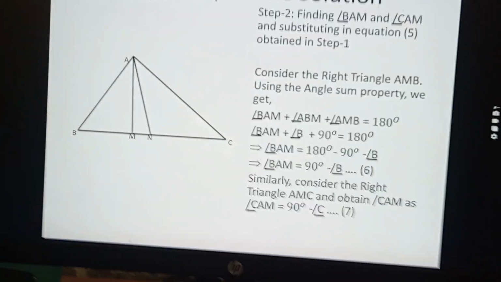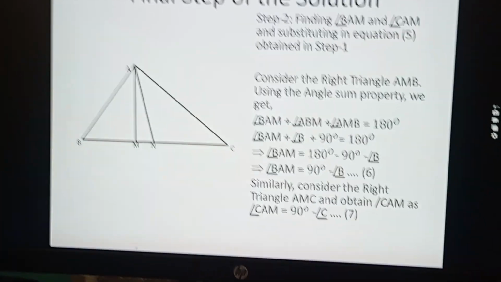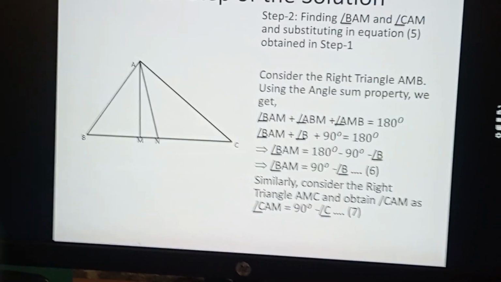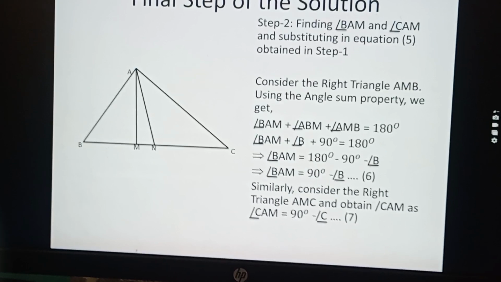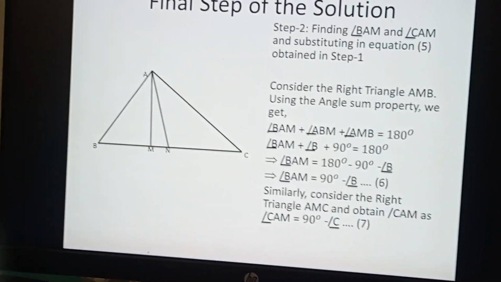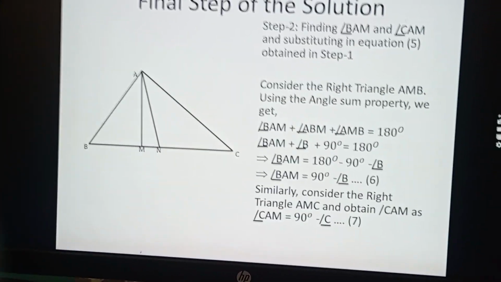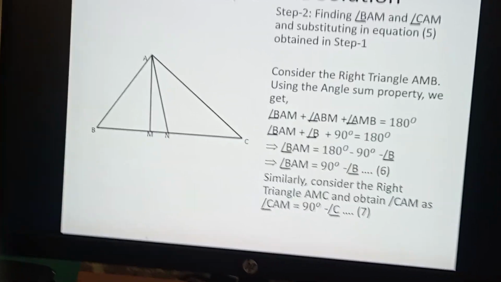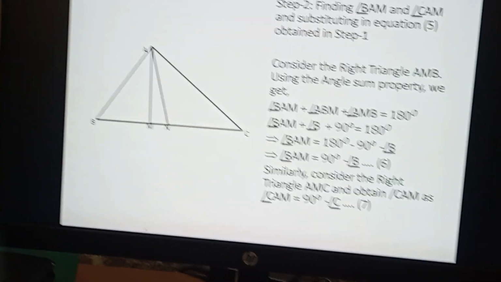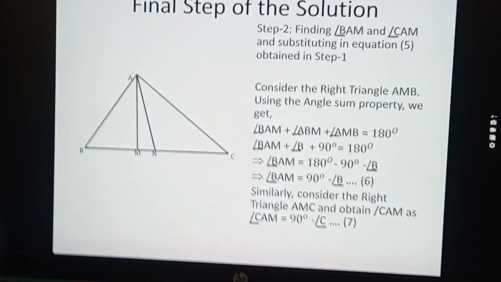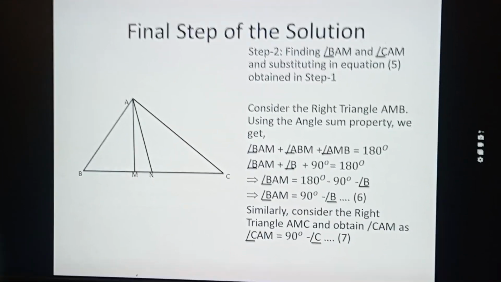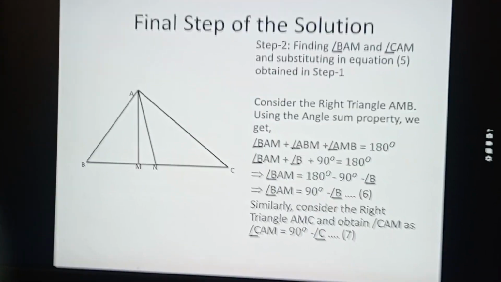That is equation number 6. Similarly, consider the right triangle AMC on the right half of the figure, and obtain angle CAM as 90 degrees minus angle C itself.